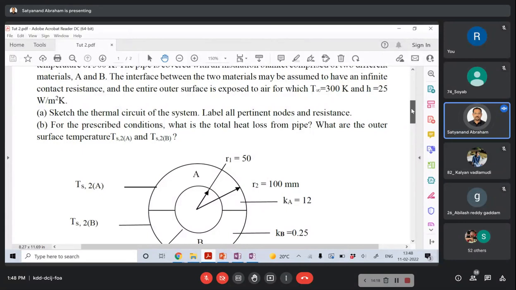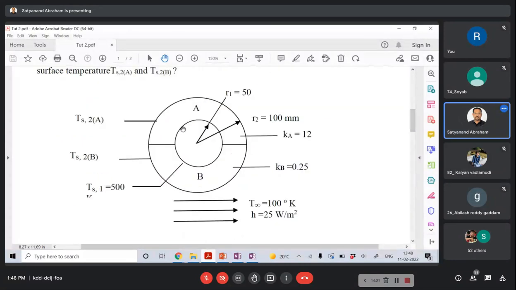So what is written here is that we have two insulation materials A and B, and the contact resistance between A and B is given as infinite. What is the significance of that? Why is it given as an infinite thermal resistance?